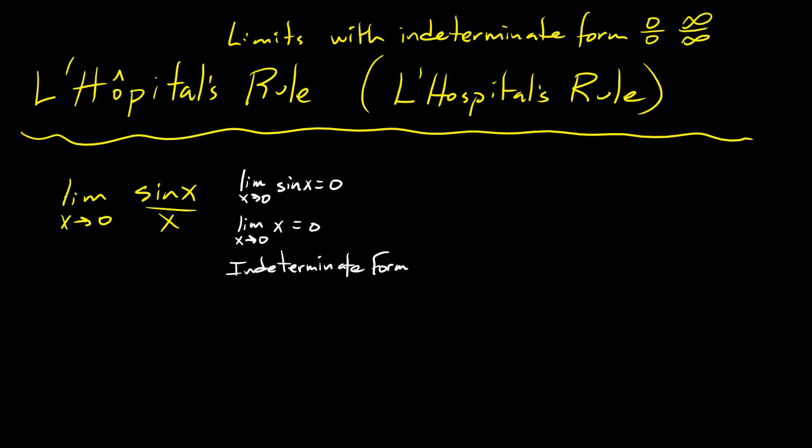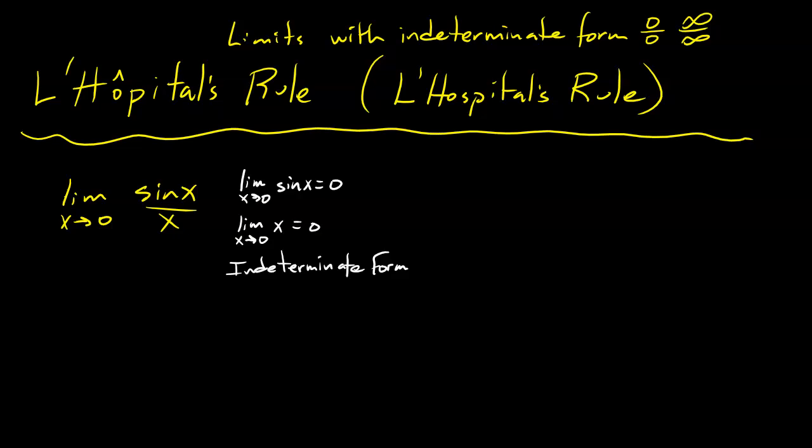Now, we were just given this answer back in the limits chapter or unit. What you can do, and what L'Hopital's rule says you are allowed to do, is if you get an indeterminate form, you are allowed to take the derivative of the top and the derivative of the bottom separately until you can get a correct answer.